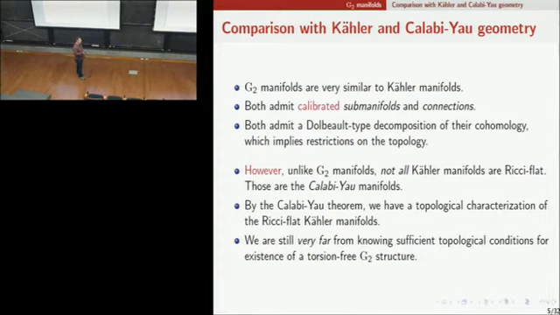Really, the question is more analogous to saying, suppose you have an even-dimensional manifold that admits almost complex structures. What is a sufficient condition for it to admit Kähler structures? And we're very far from knowing the answer to that. So in some ways, they're more like Calabi-Yaus, because they have the parallel spinor and the Ricci-flatness. In some ways, they're really more like Kähler.